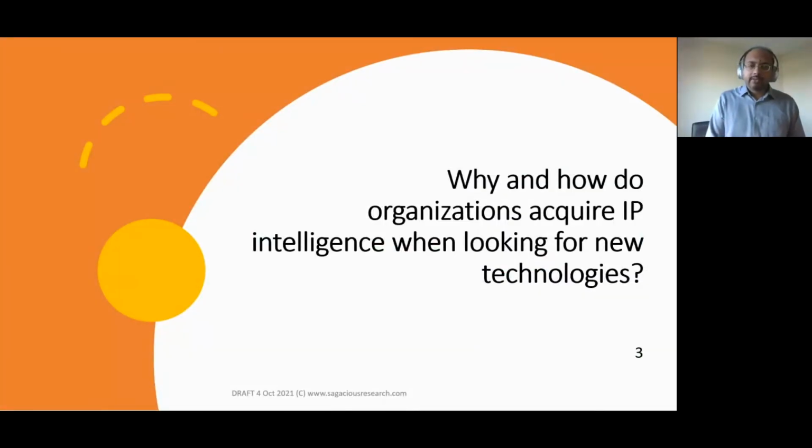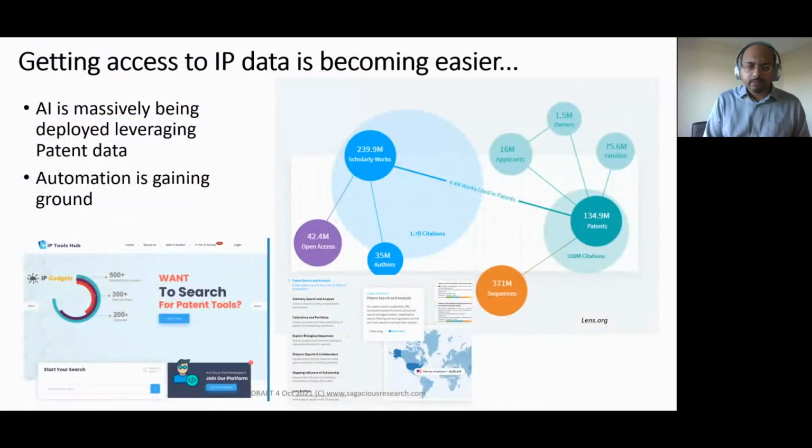Now, why and how do organizations acquire IP intelligence when looking for new technologies? There are several ways of acquiring IP intelligence. There are paid databases, which companies like ours who are into commercial research of IP subscribe to. But if you are trying to do it yourself at a certain level, you could look at some of the publicly available tools out there.